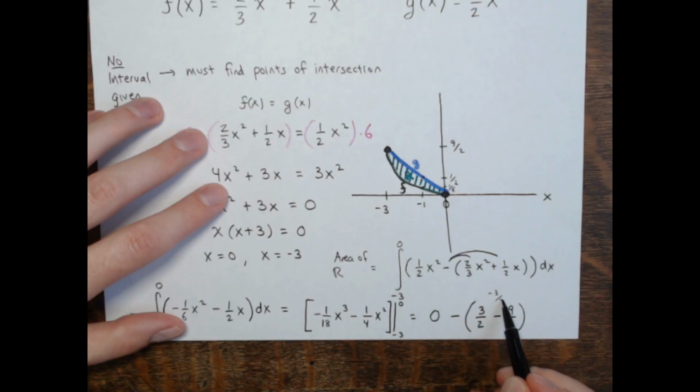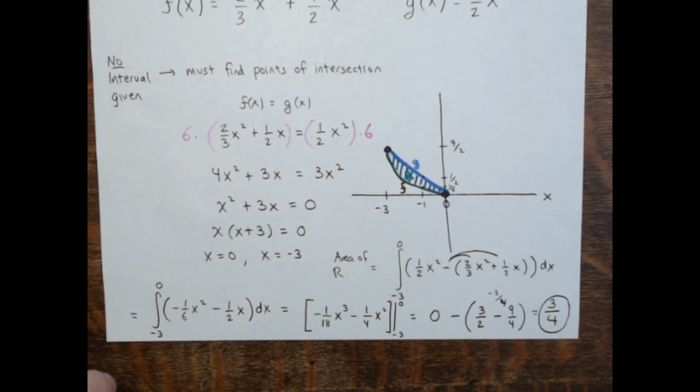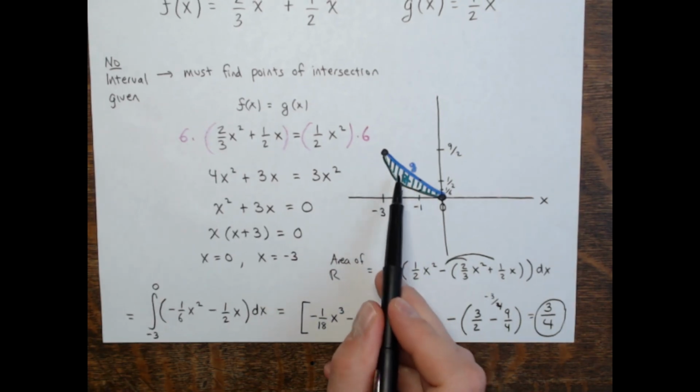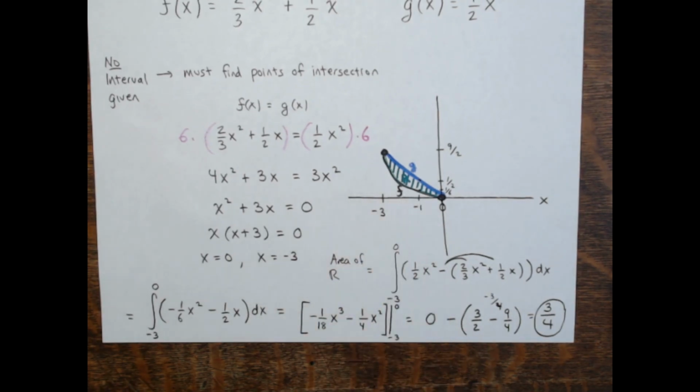This will be -3/4, but I'm subtracting this, so -3/4 in here, but it's being subtracted. So the area of this region is positive 3/4. It's 3/4 of a square unit in between those two curves in that thin little region.